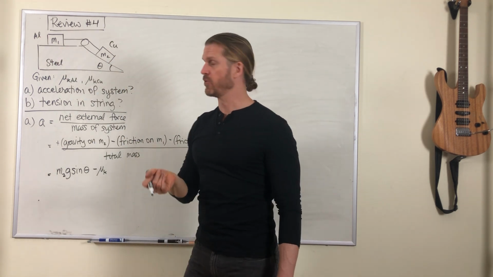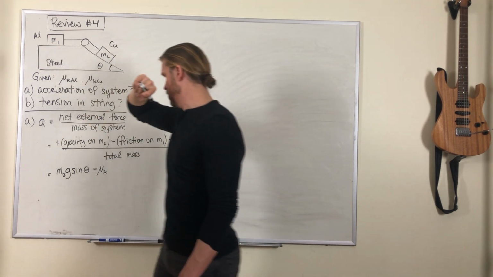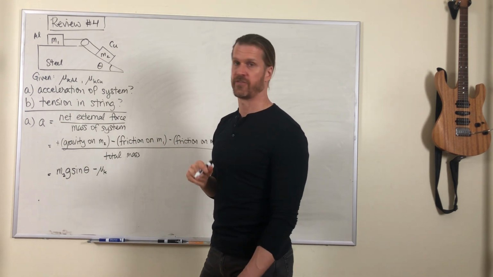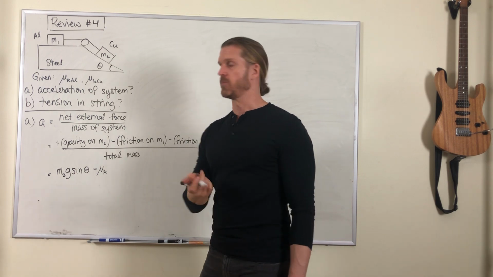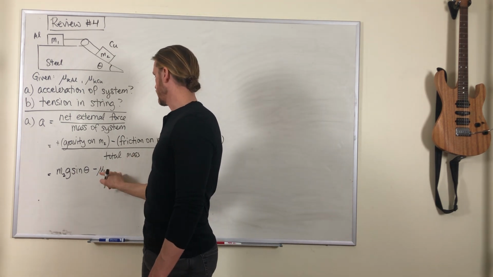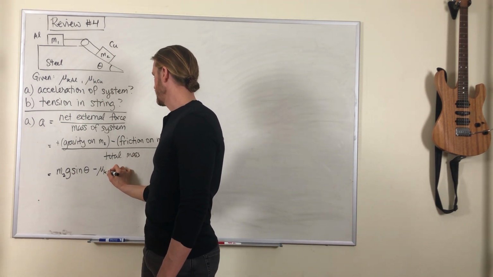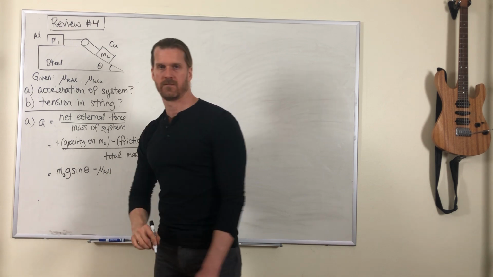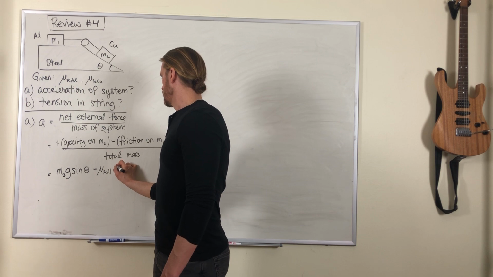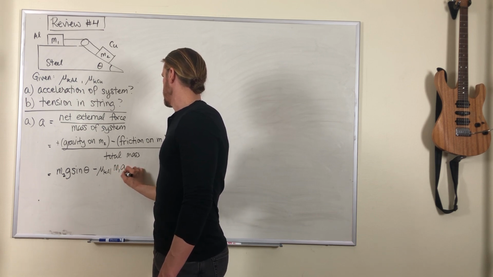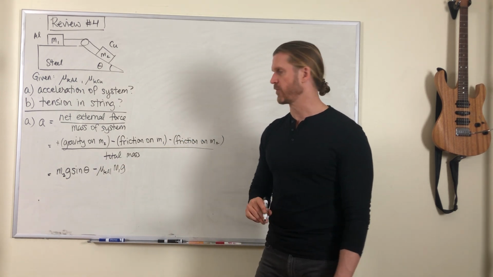M1 is made of aluminum. It's pressed against steel, and the problem gives you this value of kinetic friction for aluminum on steel. I'll write mu K Al for aluminum times M1 g. M1 g is the normal force on it.